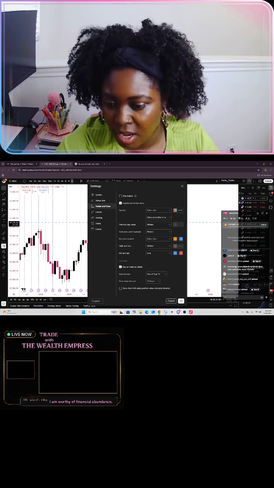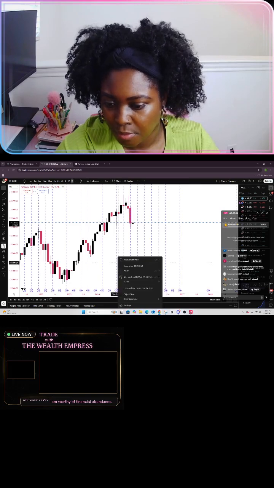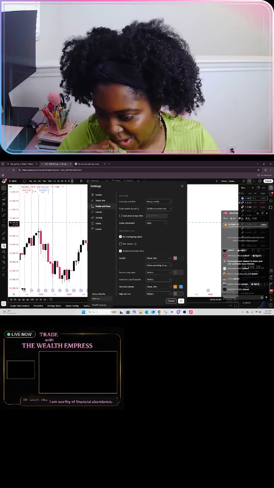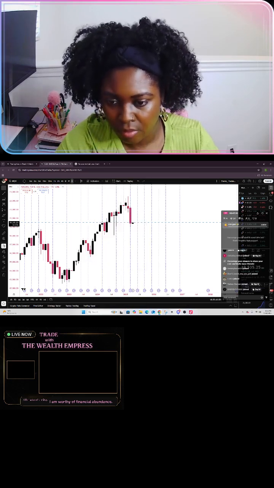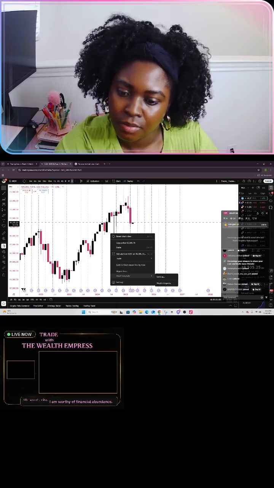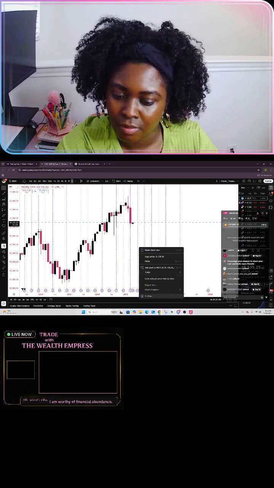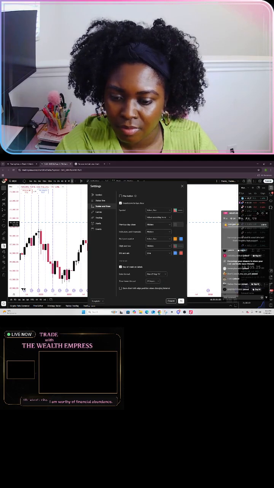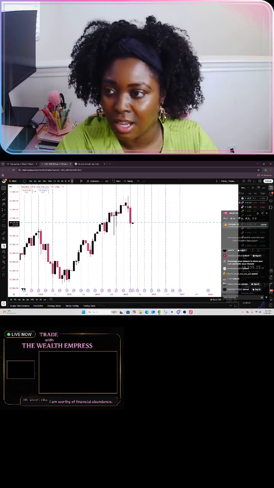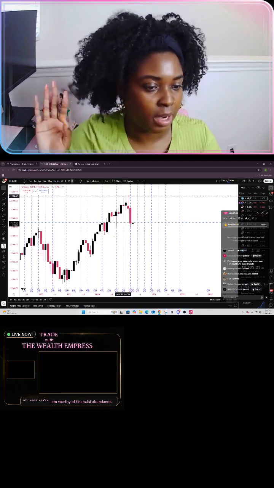Did I save my chart template? I hate these lines. I don't think when I go down on a lower time frame we have it, so I'm not gonna worry about it at this point.